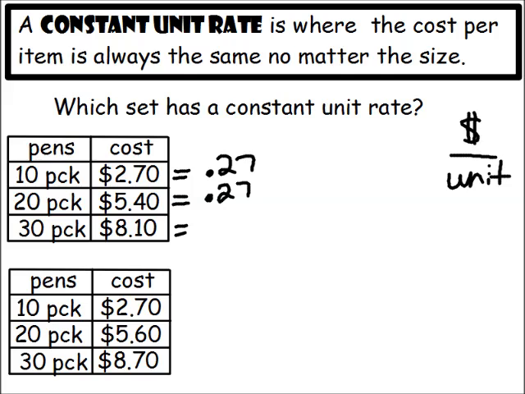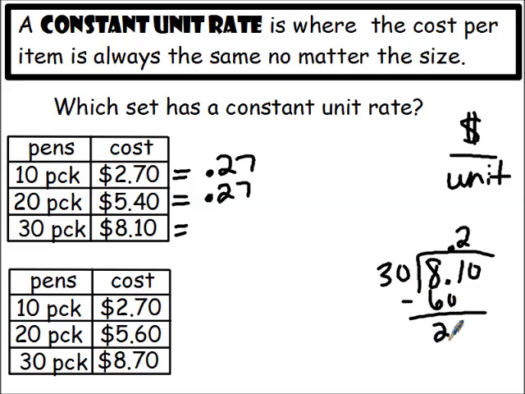Notice when you're working with constant unit rates, you've got a lot of dividing to do. 30 goes into 81 two times, and that comes out to 27 cents.